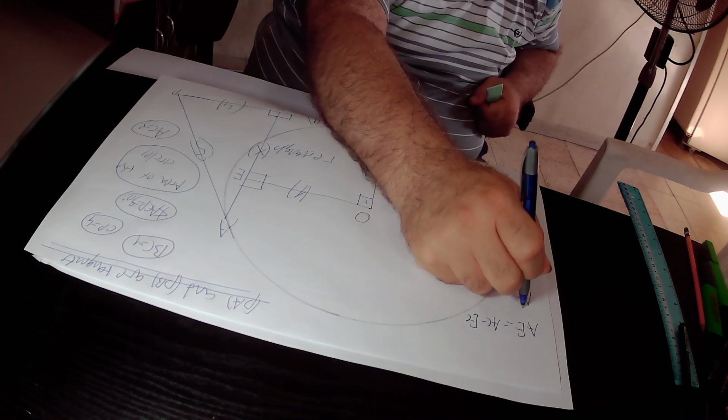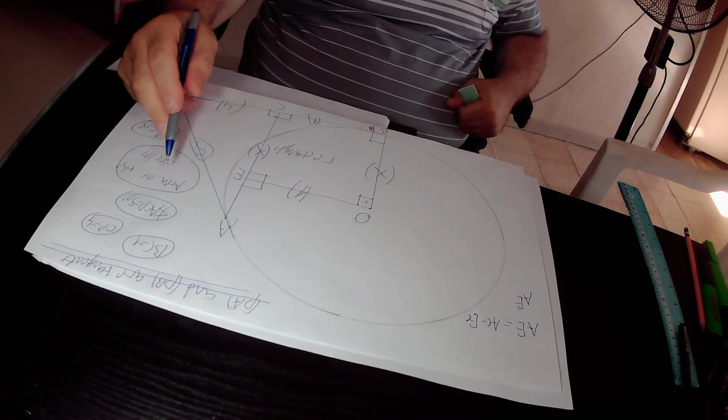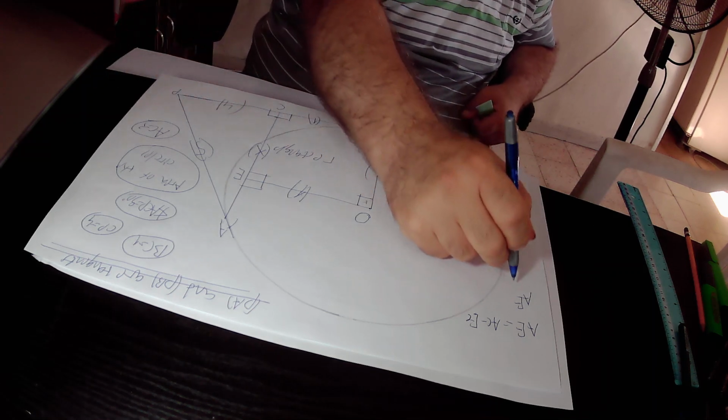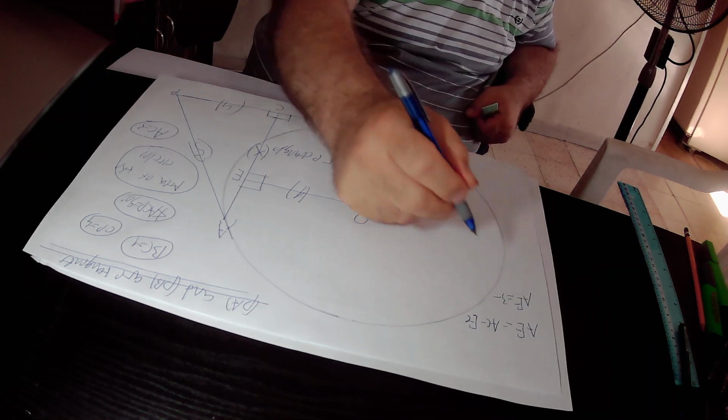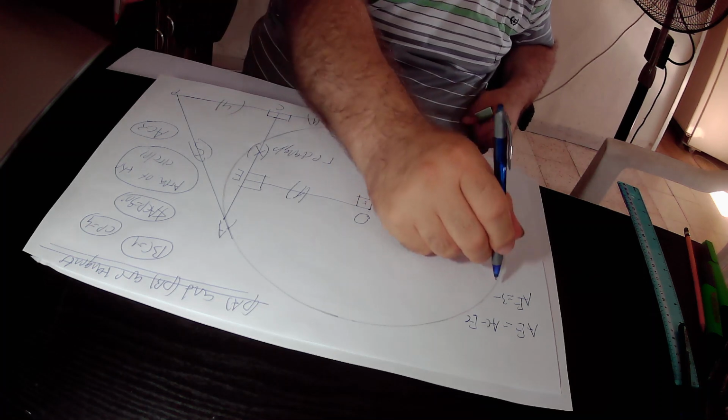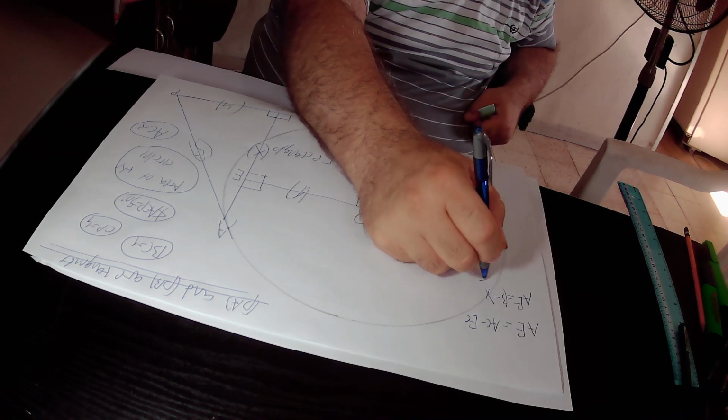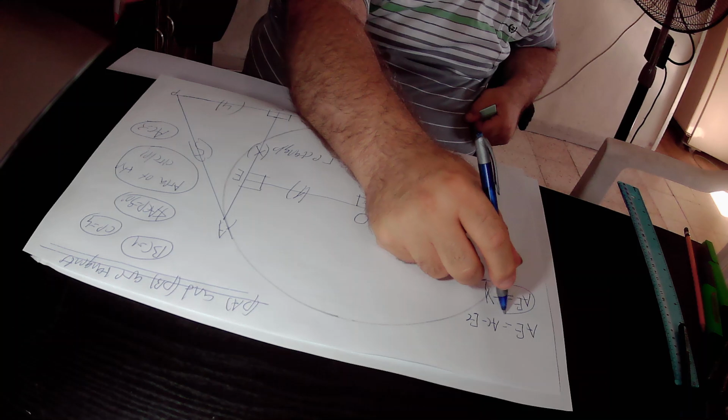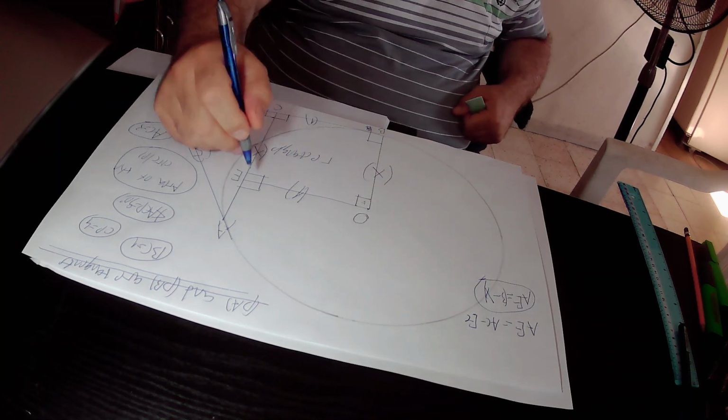So AE equals AC, which is 3, minus EC, which is x. So in total, AE equals 3 minus x.